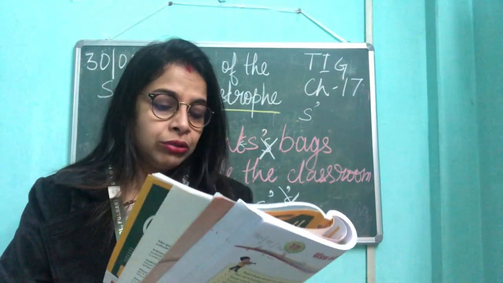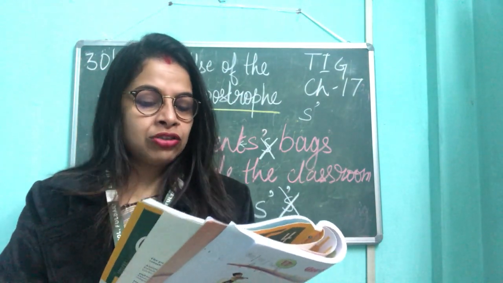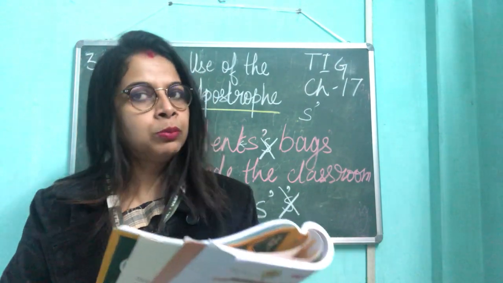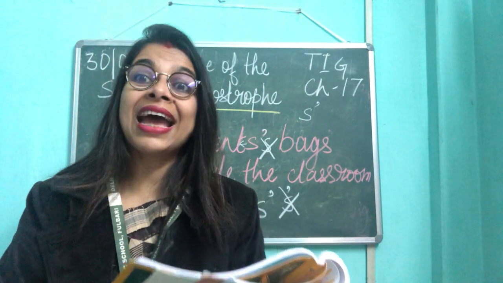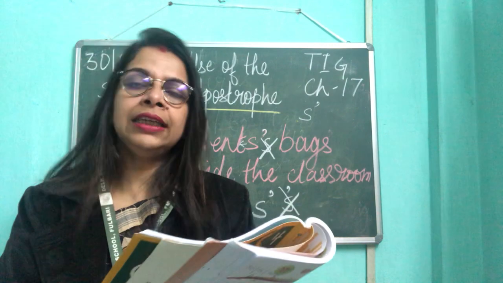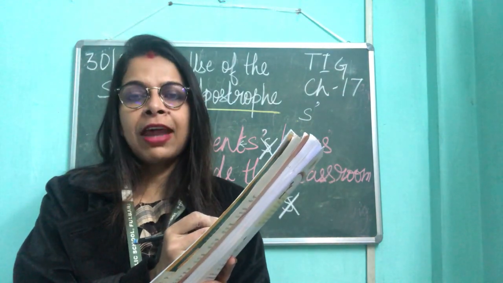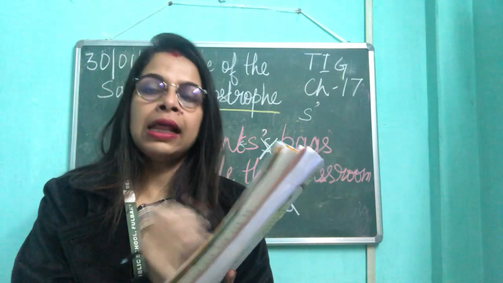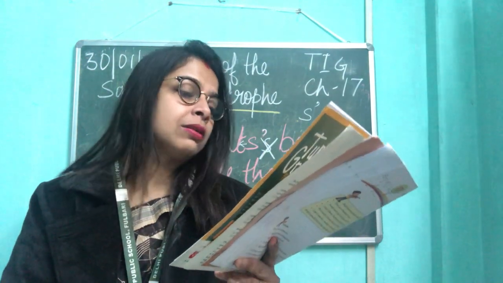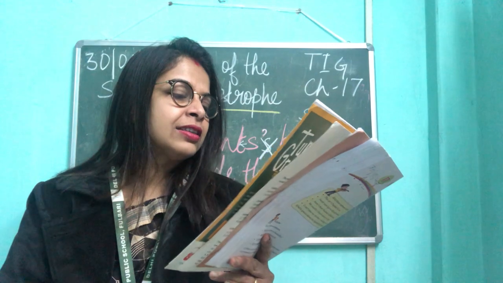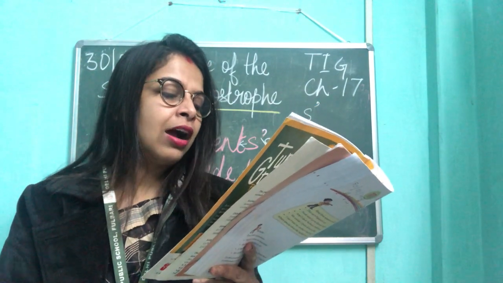So, number 2, the tigers' stripes are very prominent. So, the plural noun out here, the tigers, T-I-G-E-R-S apostrophe, because, can you see, it is signified by a plural helping verb, are. The children's park is near our house.